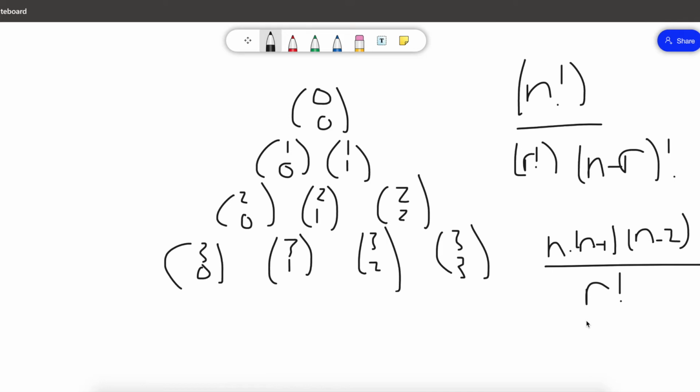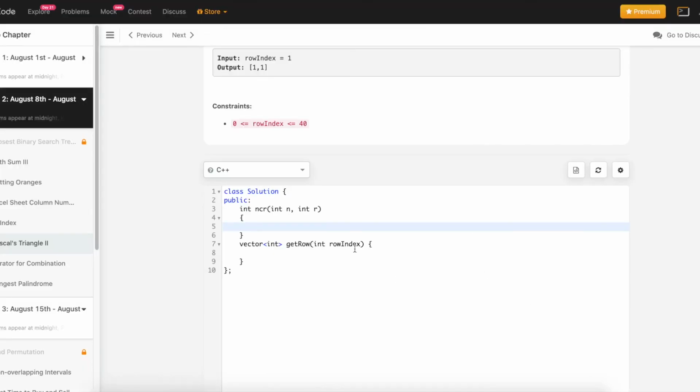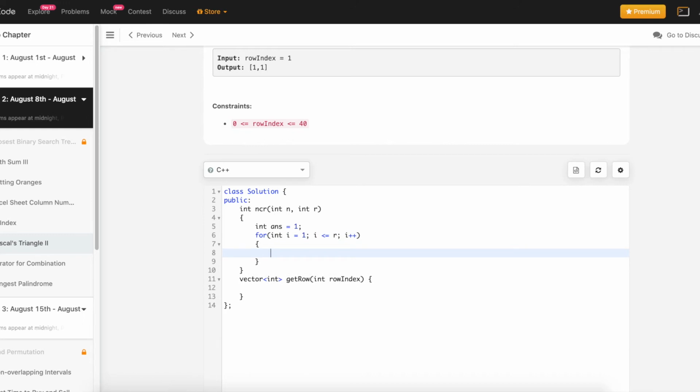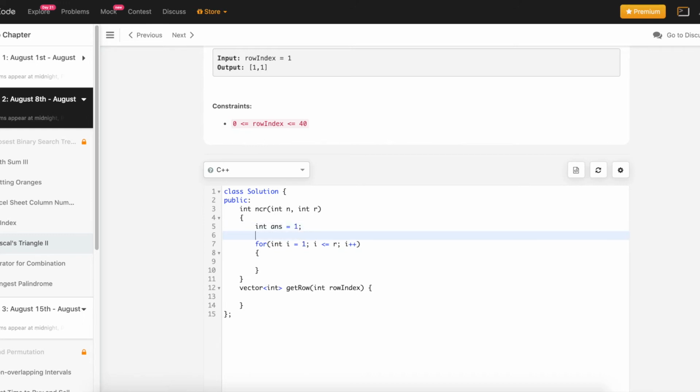We can use this optimization. So we would first have our answer be 1, and then for int i equals 1, i less than or equal to r, i plus plus. Actually, because I want to optimize this, r would be equal to the min of r and n minus r.